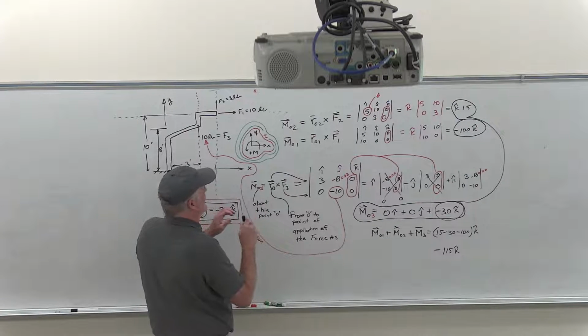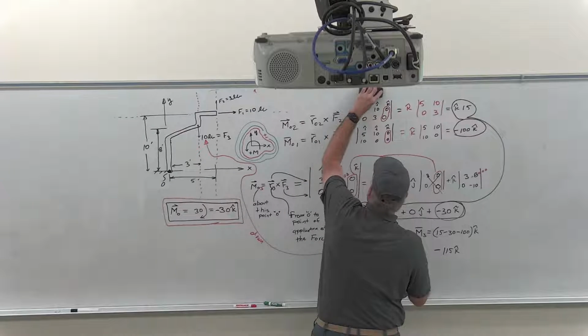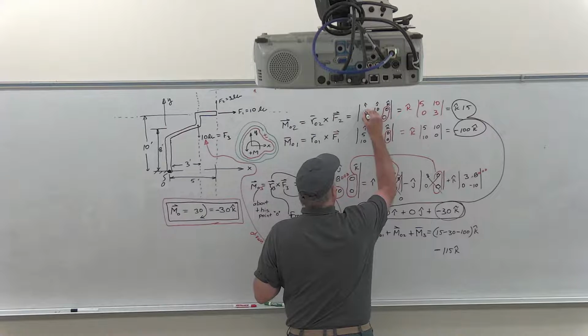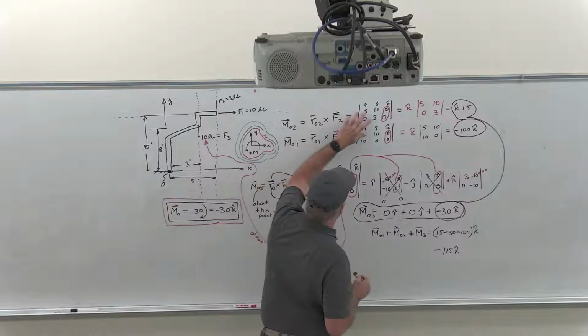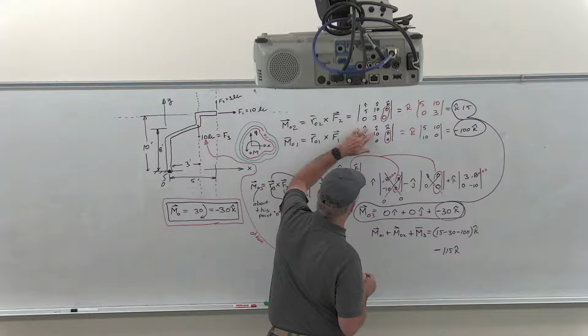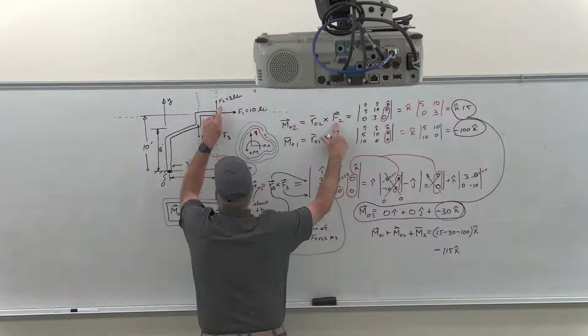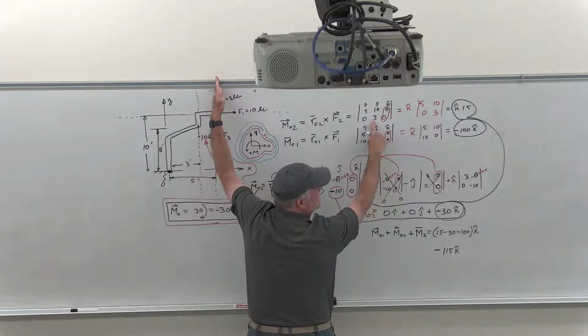Okay, let me get this back off, and then I'll talk about transmissibility. Okay, hang on. So it is true, the R's are going to be the same, the 5 and the 10, the 5 and the 10, right? This 3 is F2, which is going north, which only has a Y component.